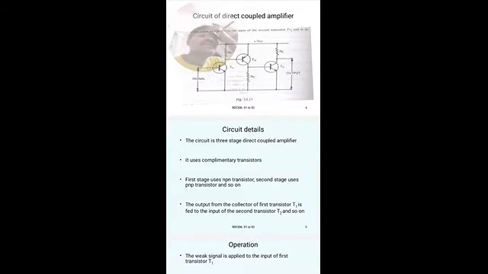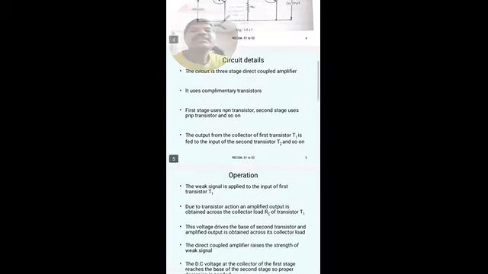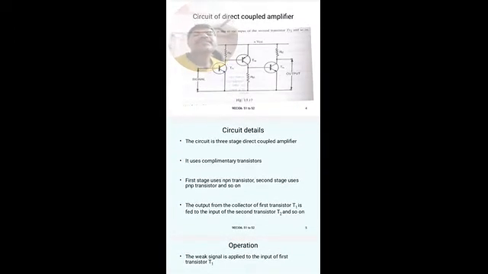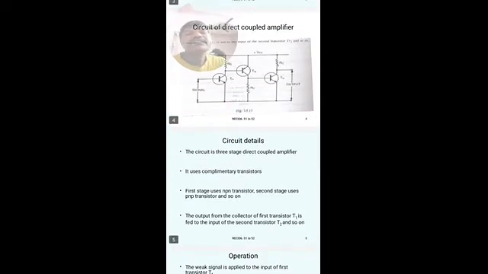but the overall gain of the three stage transistor amplifier is always less than the product of the gains of the individual stages, because the DC voltage at the collector of the first stage reaches the base of the second stage.